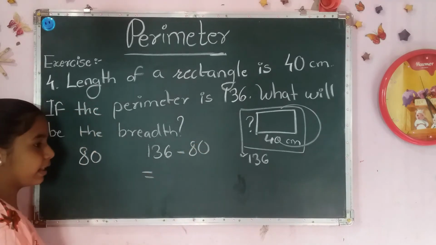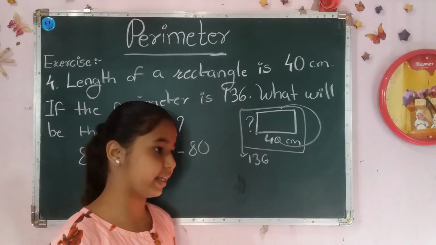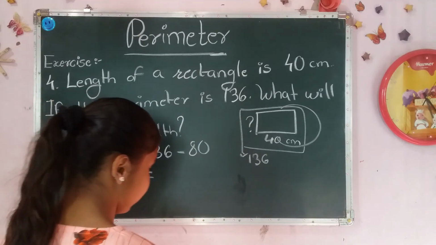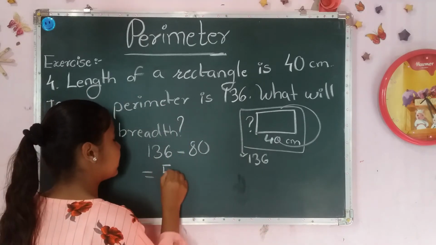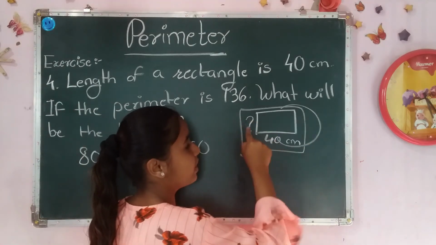Here we will get the two breadths of that rectangle. 136 minus 80 is equal to 56. So 56 is the two breadths of the rectangle.